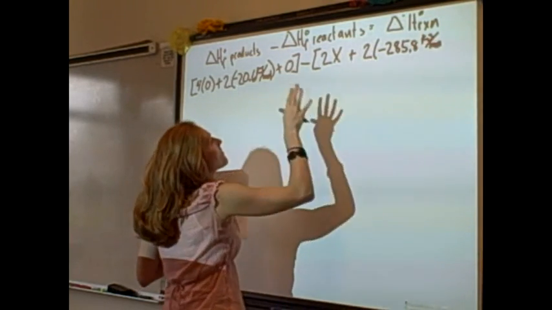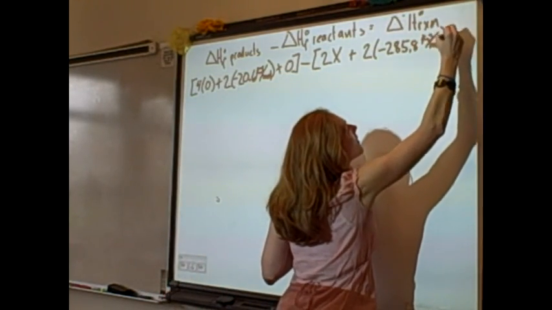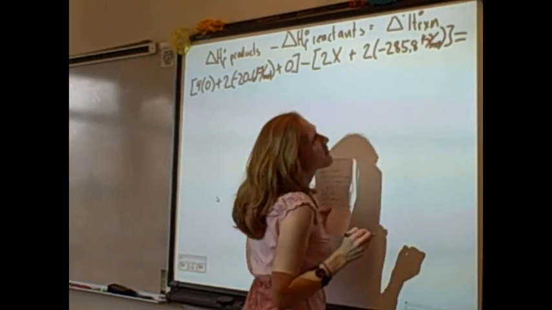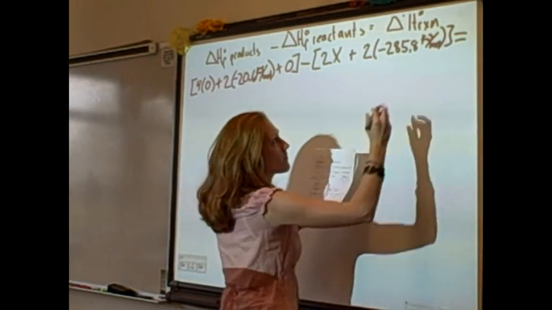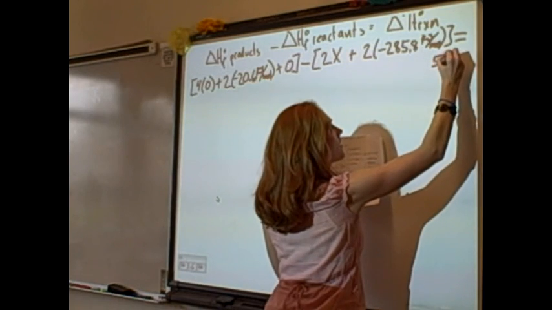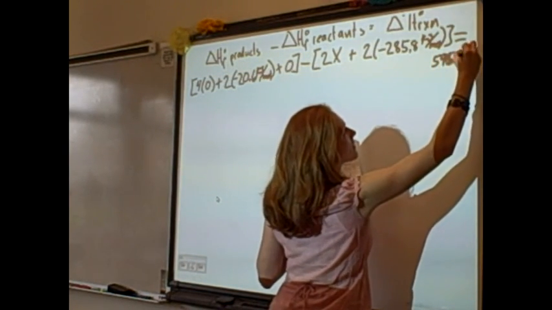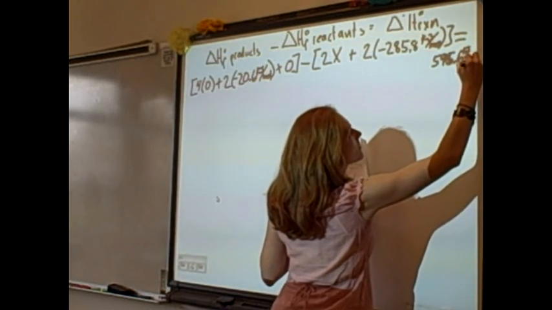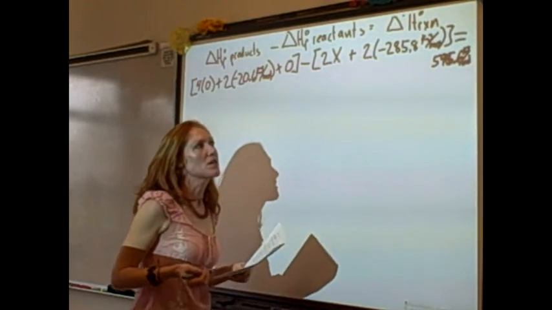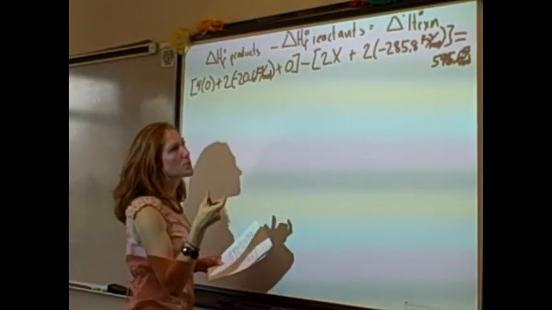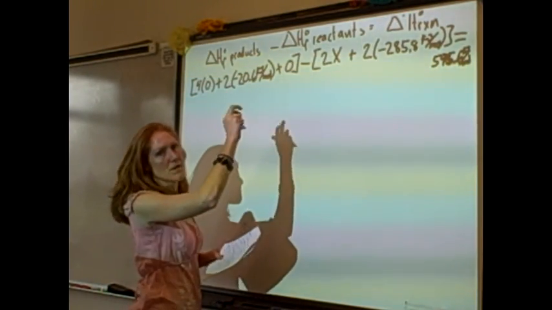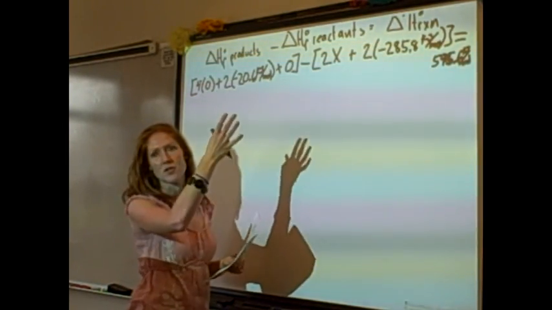And we said that all of this added up to equal the enthalpy of the reaction, which was given, and it was 595.6 kilojoules per mole. I'm using kilojoules per mole because that's how many kilojoules would be released if I had 1 mole, or if I had the mole amounts given in the equation.